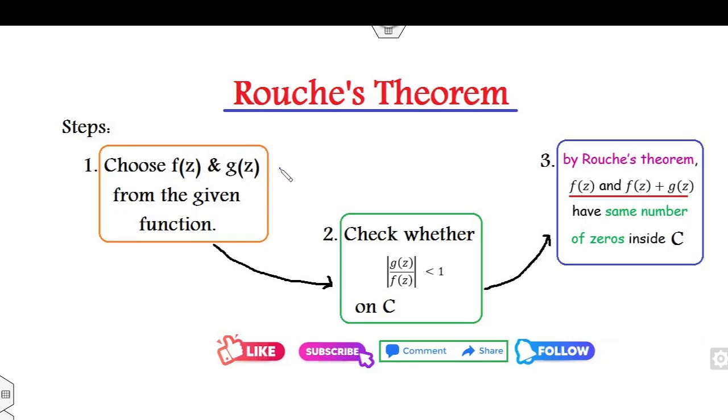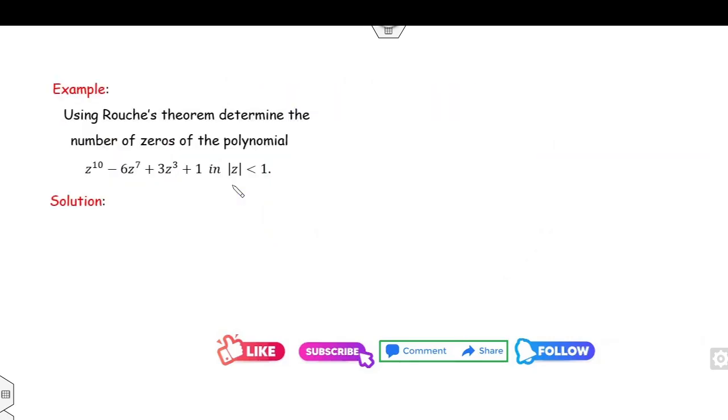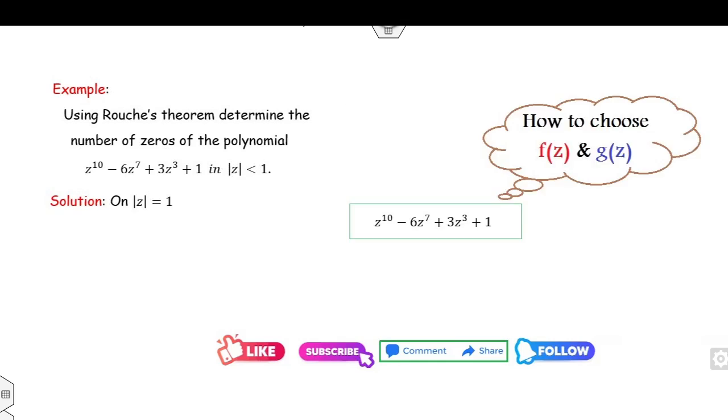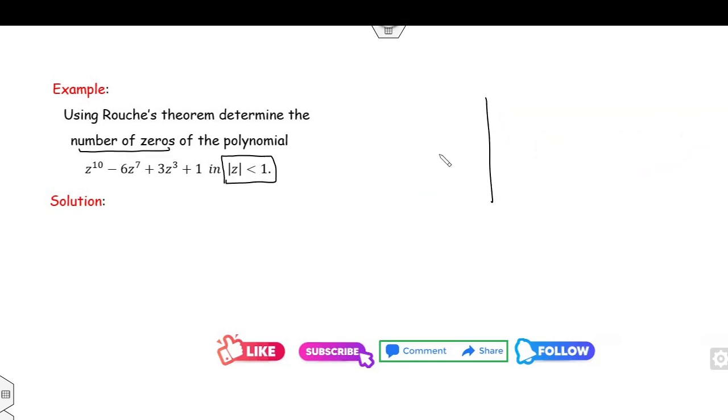Now the big question arises: how can we choose f and g? So I will explain with the help of a numerical example. First of all, determine the number of zeros. Firstly, draw this circle. This is the equation of the circle. So how can you draw the circle? You can see this is my equation of the circle with radius 1, and these are the values inside the circle.